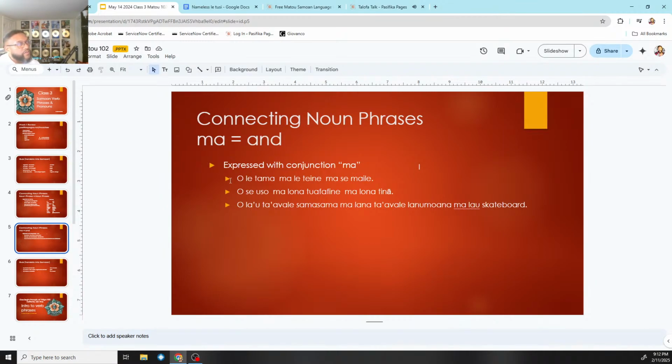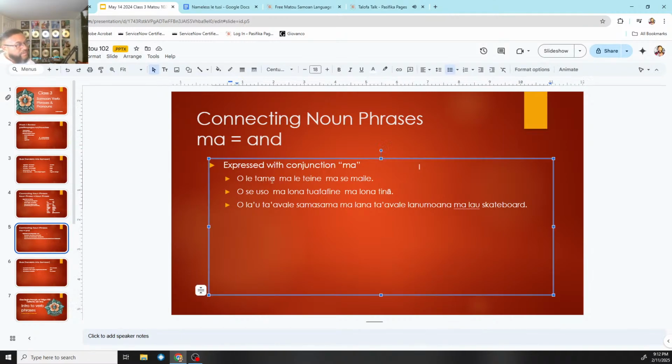So if I say o le tama, tama means boy, teine is girl, and maile is dog. So if I say o le tama, ma le teine, ma se maile. These are all independent or separate noun phrases.